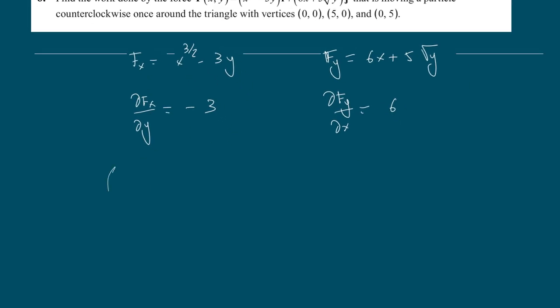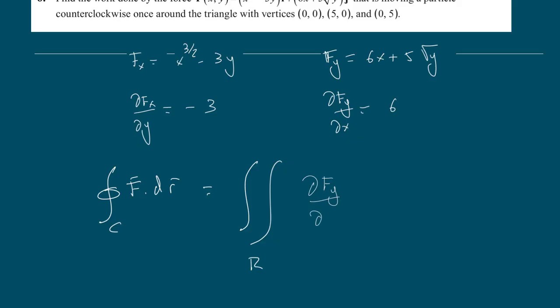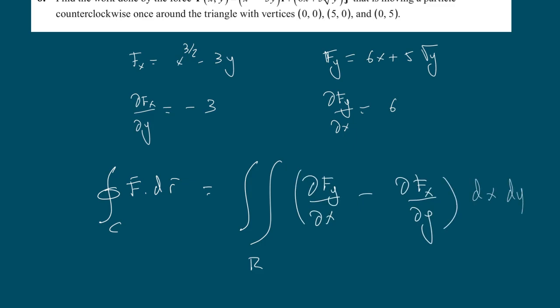And Green's theorem says that the line integral of F dot dr over a closed curve C is equivalent to the double integral over the region R contained in the curve C of the partial derivative of f sub y with respect to x minus the partial derivative of f sub x with respect to y, dx dy.